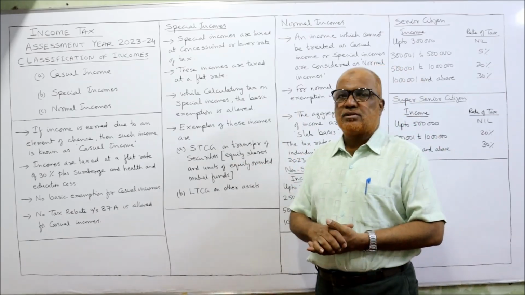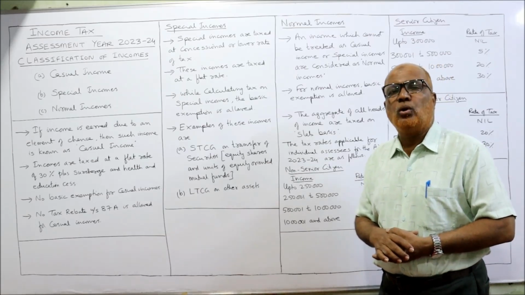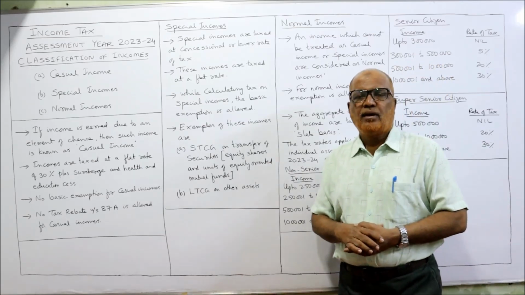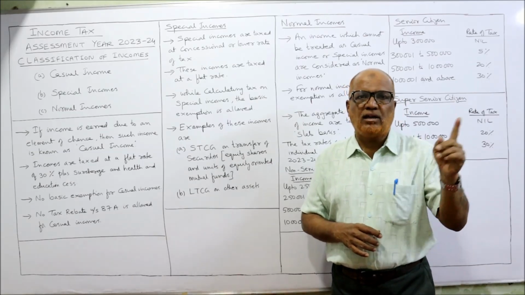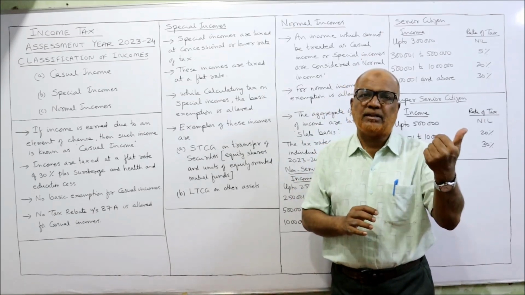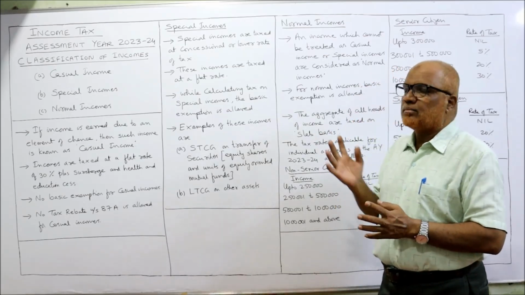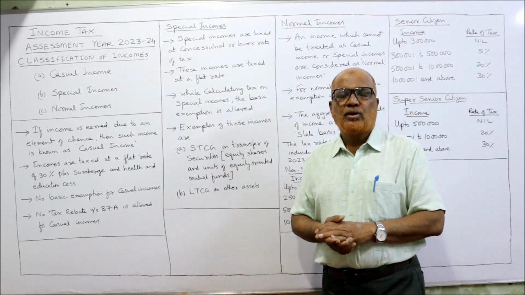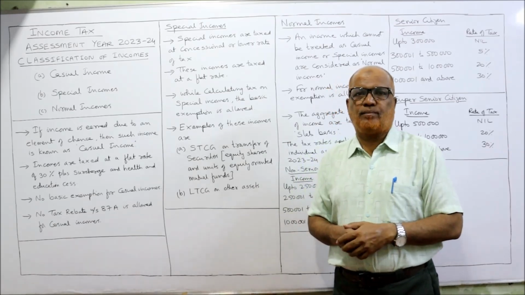Then special incomes. Special incomes are taxed at a concessional rate or lower rate of tax. Any income on which there is a concessional rate or a lower rate of tax given by the Income Tax Act is called special income. These incomes are taxed at a flat rate. Two types of rates are there, flat rate and slab basis.